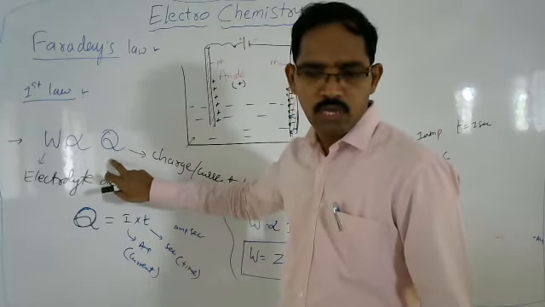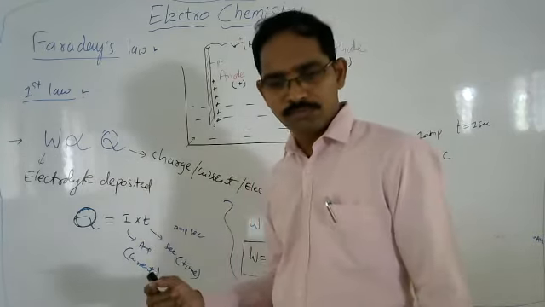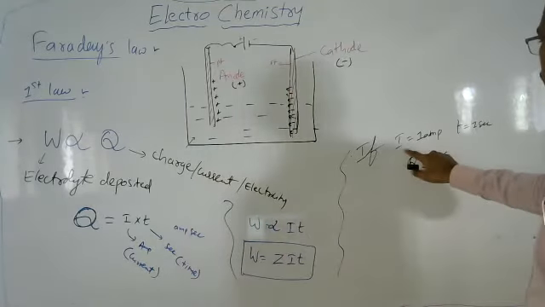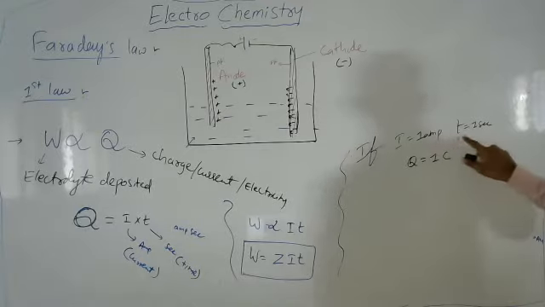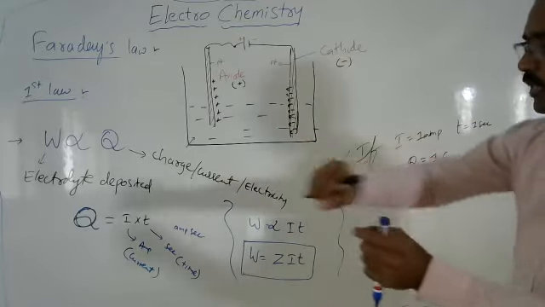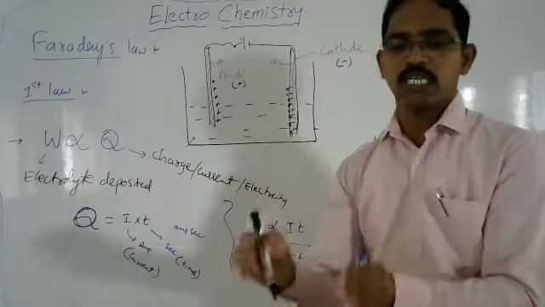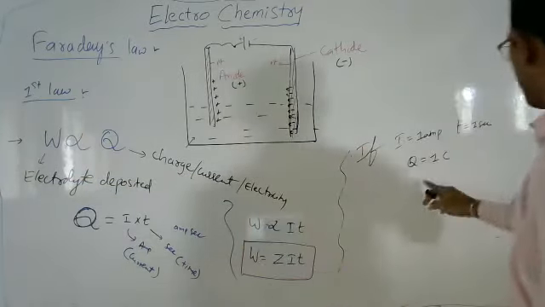Electron charge is also in coulombs, right? I equals 1 ampere, T equals 1 second. If 1 ampere current passes for 1 second, the charge is 1 coulomb. So Q equals 1 coulomb.